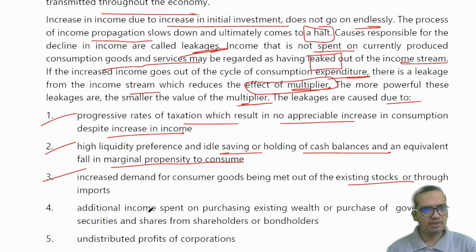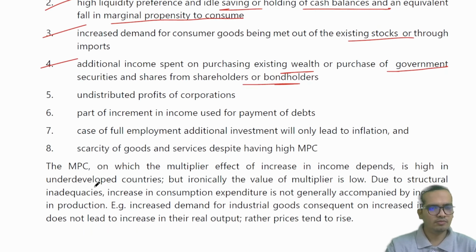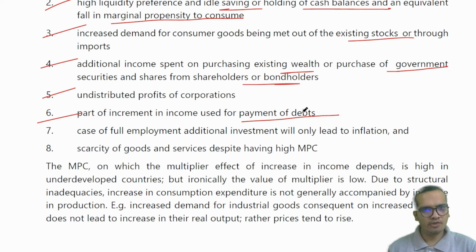Fourth, additional income spent on purchasing existing wealth, or purchase of government securities and shares from shareholders or bondholders. Fifth, undistributed profits of corporations. Sixth, part of increment in income used for payment of debts. Seventh, in case of full employment, additional investment will only lead to inflation. And eighth, scarcity of goods and services despite having high MPC.